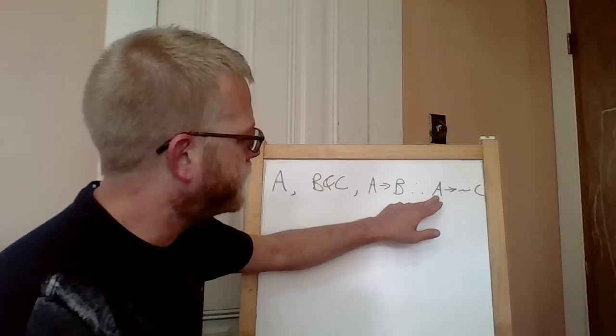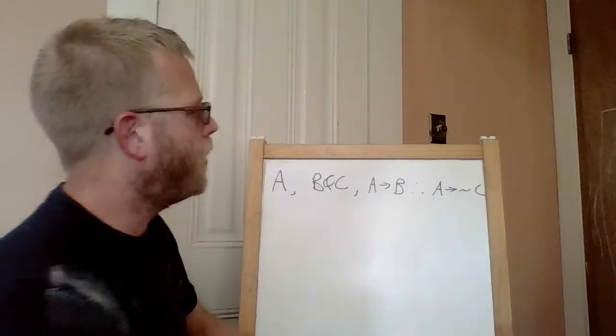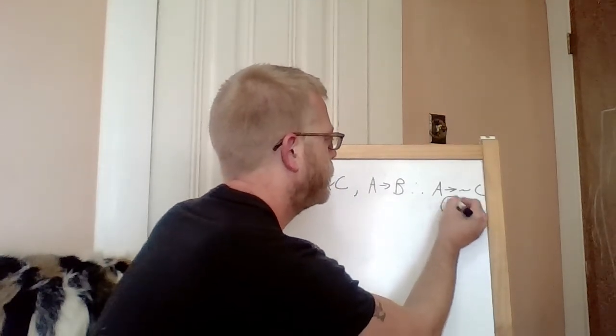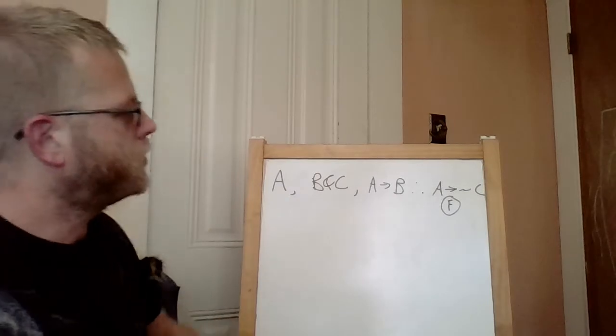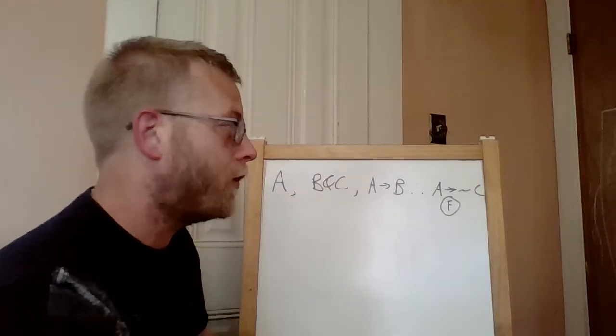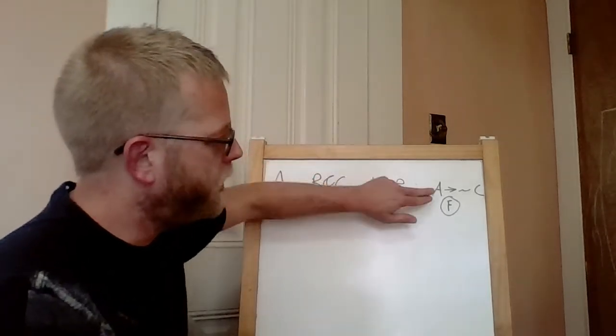The antecedent is A, the consequent is not C. Okay, so what we want to do is to make that whole conclusion false. There's no reason we can't at this point. If you look at your truth tables, or if you just remember at this point, hopefully, when is a conditional false?